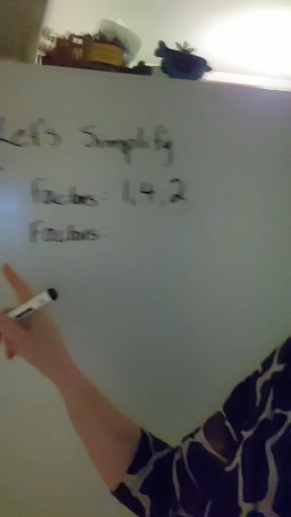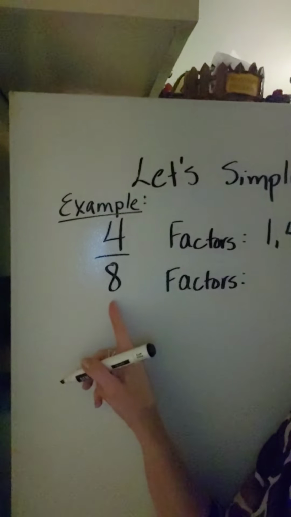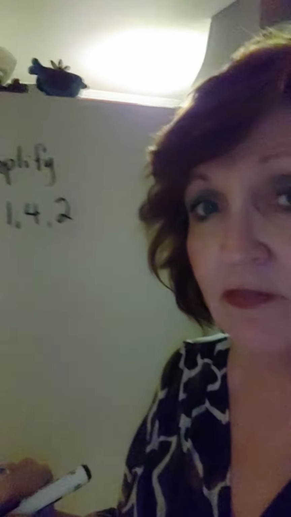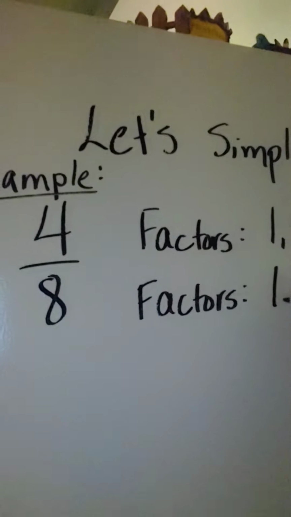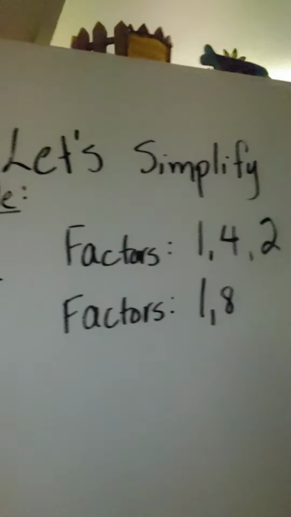So let's move on to our denominator. We're looking for numbers that we can multiply together that will give us 8. What did I say is the first thing we can use? That's right. 1 times 8 gives us 8. So we can write down 1 and 8 as our first two factors. What other two numbers can we multiply together that will give us 8?